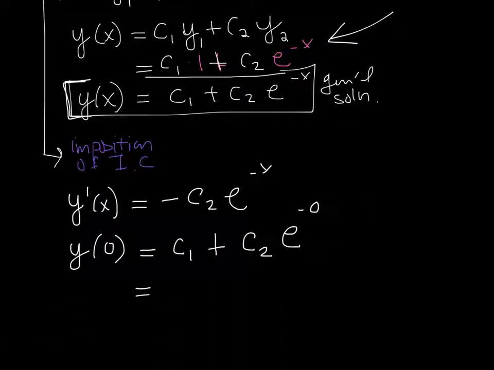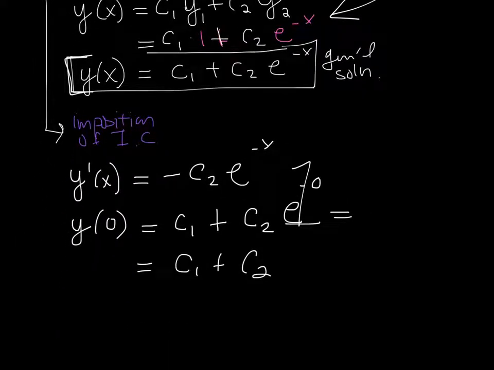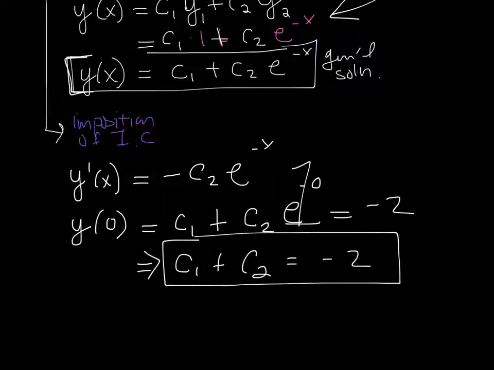Let's just go ahead and write it in. So C1 plus, again, this is a big 1, C2. But y of 0 is equal to negative 2. So that is negative 2. So there's an equation with C1 and C2.